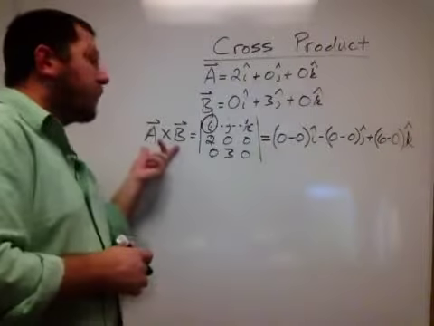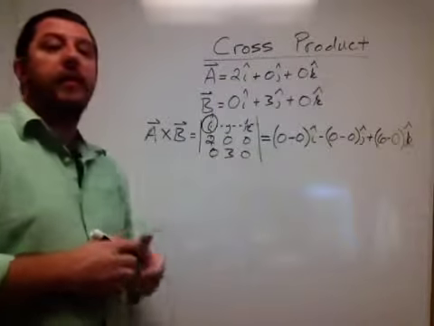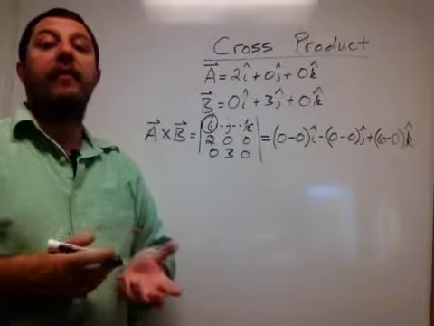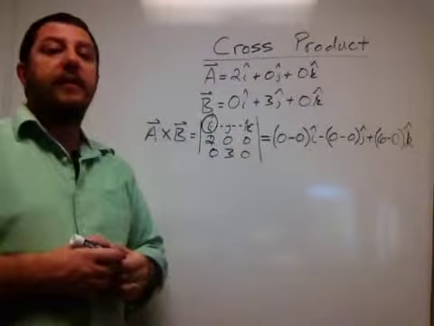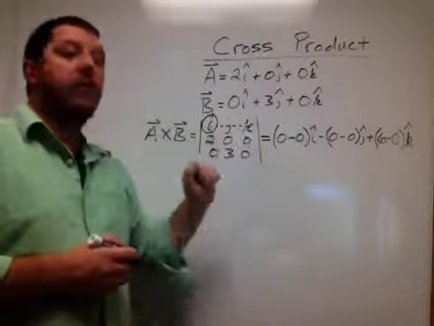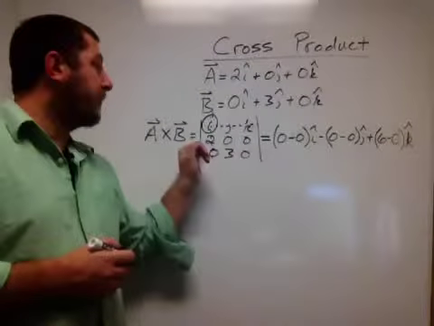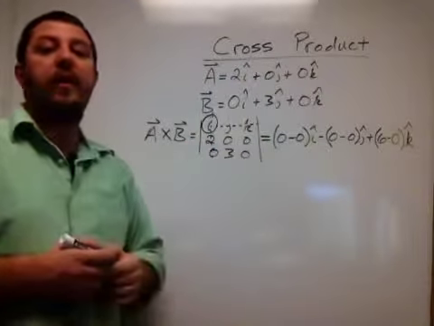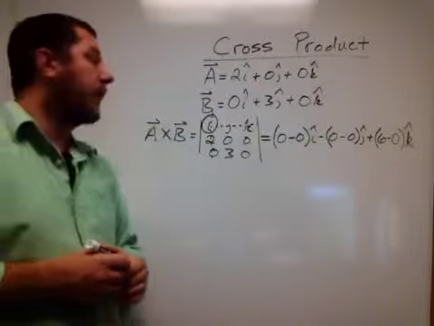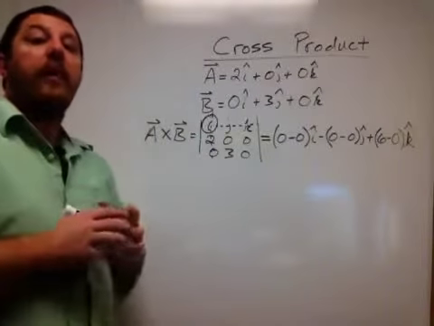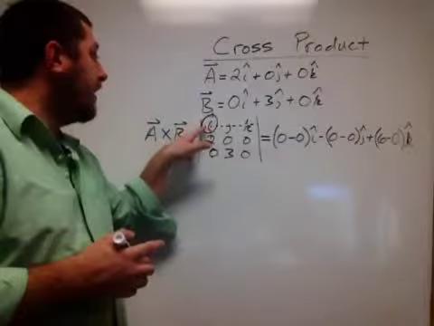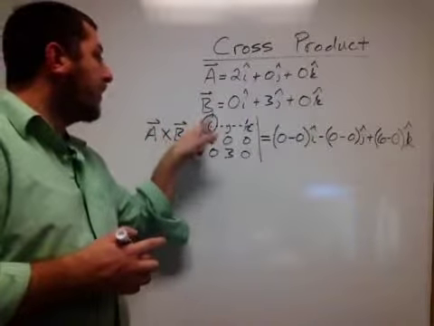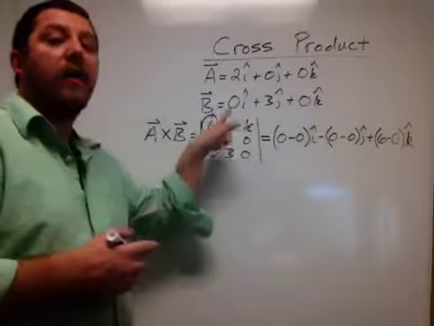The cross product is the determinant of a 3x3 matrix, where the top row is the unit vectors, the second row is the components of the first vector, and the third row is the components of the second vector. If you recall, one way to find the determinant of a 3x3 matrix is to look at any of your elements along a row or column.